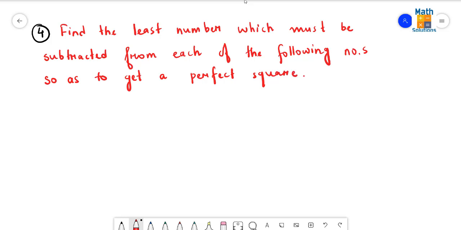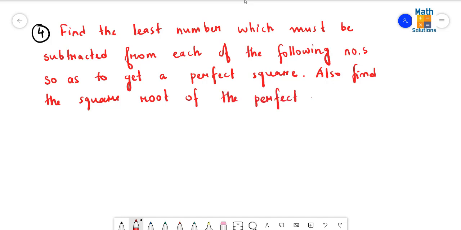Also find the square root of the perfect square so obtained. So this is the question here.